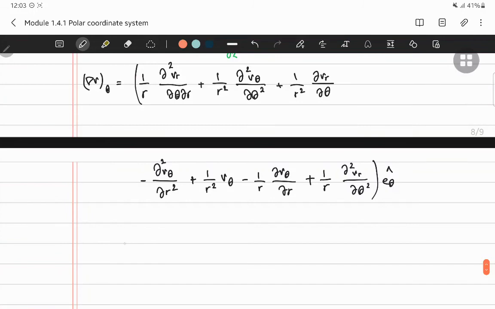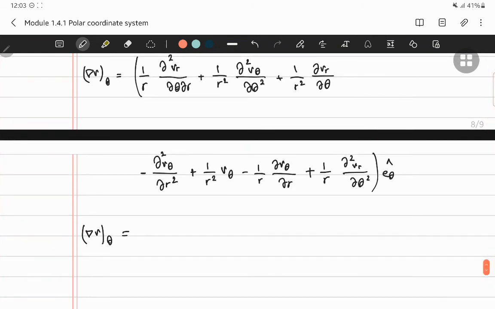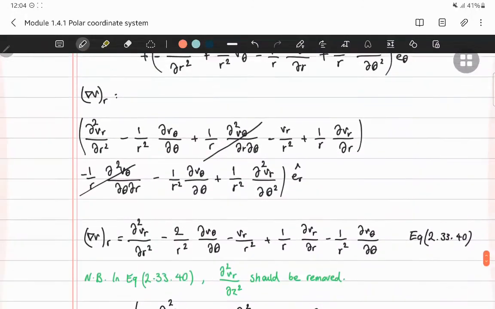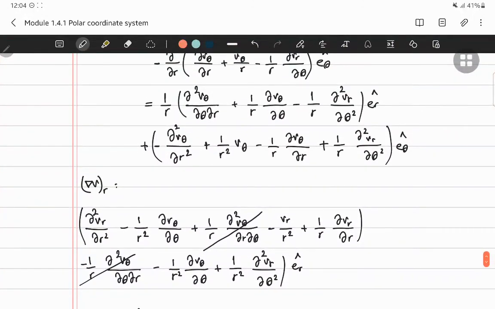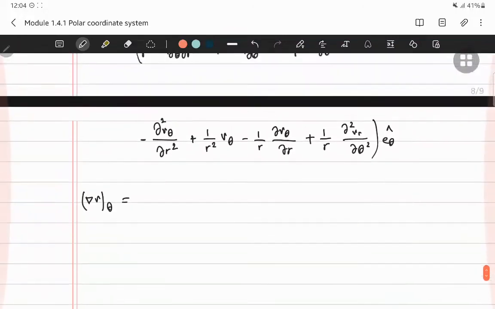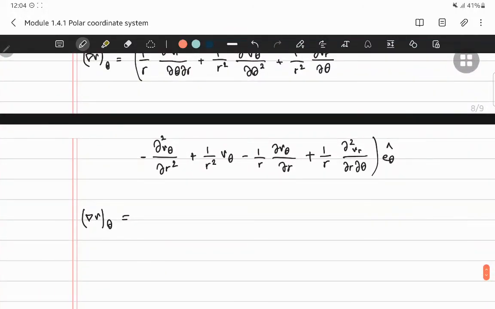Great. So finally, what I have here is equal to, I think that I made a mistake here. So this is the partial derivative of this expression with respect to r. So this is partial derivative of r, this theta, and this is r, this is theta.